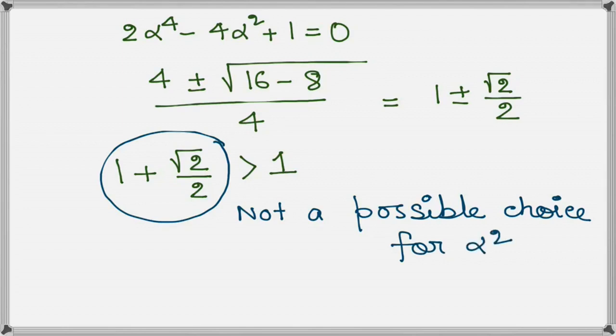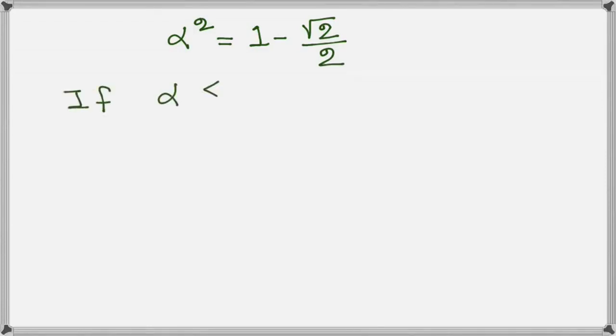As we have alpha is less than equal to 1, we have alpha square is equal to 1 minus square root of 2 divided by 2. Now, if alpha is less than or equal to half, then alpha square is less than or equal to 1 by 4.